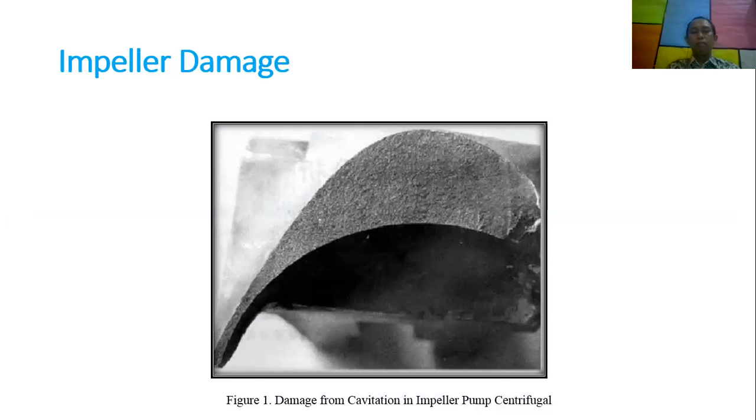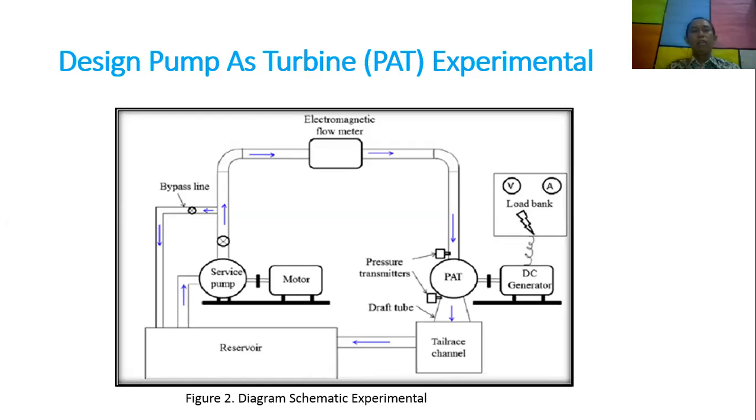In a centrifugal pump, the impeller can be damaged by cavitation. Here, we look at the design of the pump as turbine experiment. We have water from a tank, we can make pressure with the flow meter, and it can rotate the PAT to generate DC here.